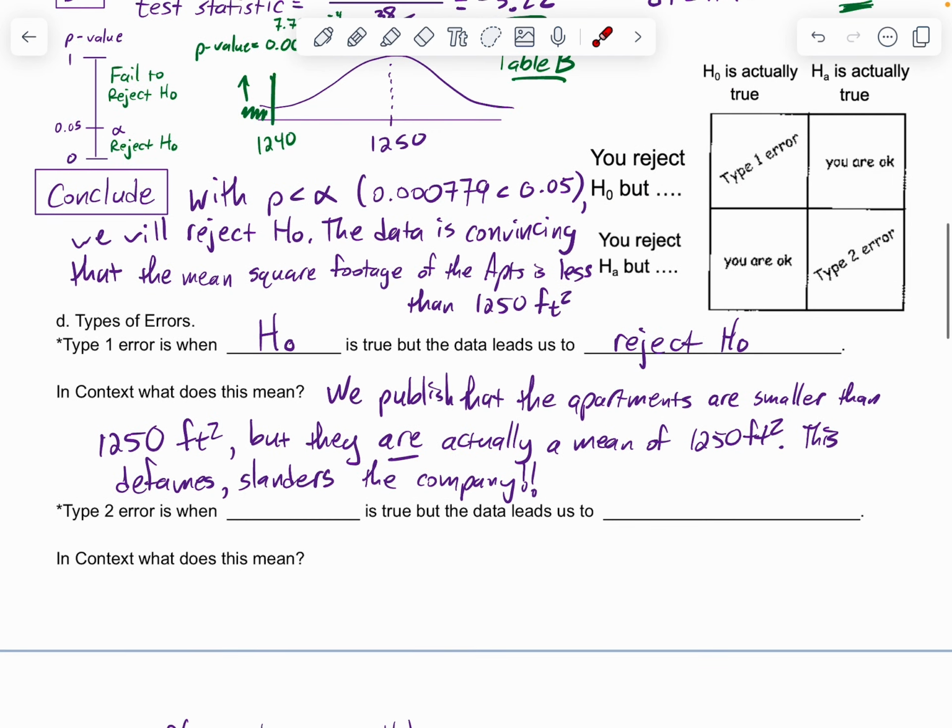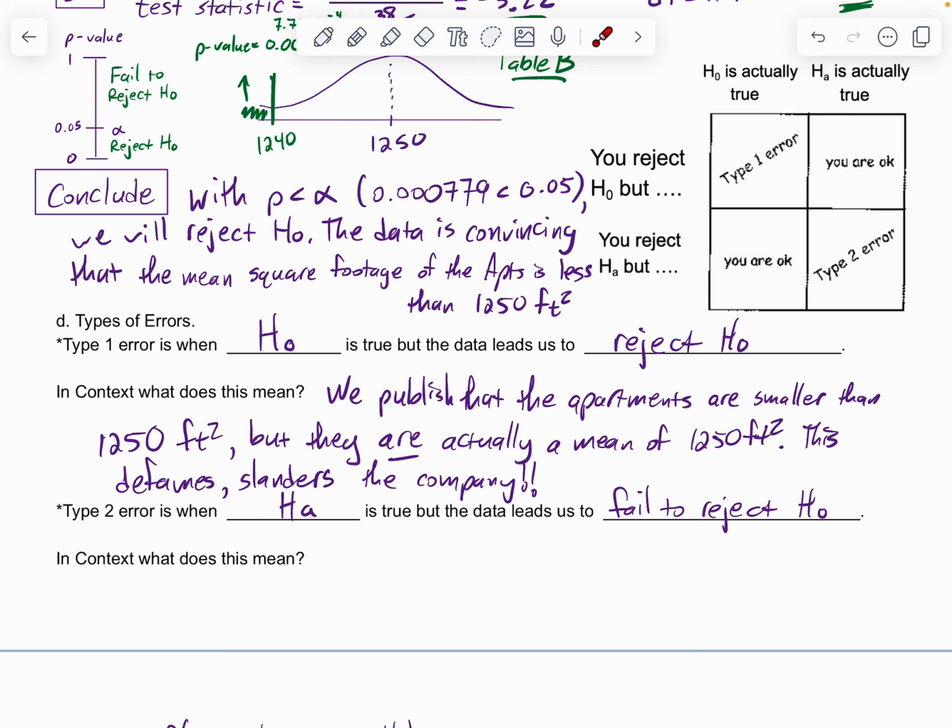Okay, type 2 error is this box. Type 2 error is when the alternative is actually true, but the data leads us to fail to reject the null.